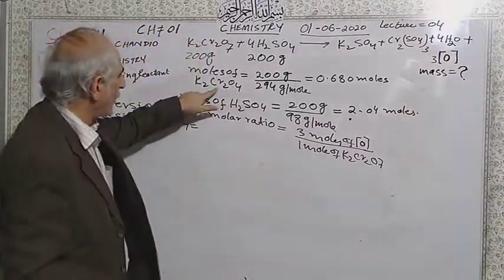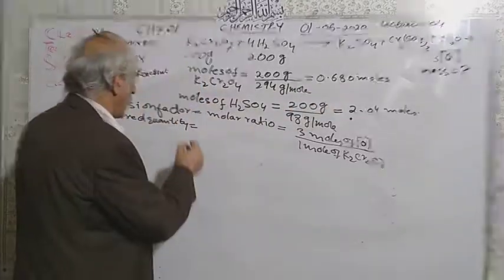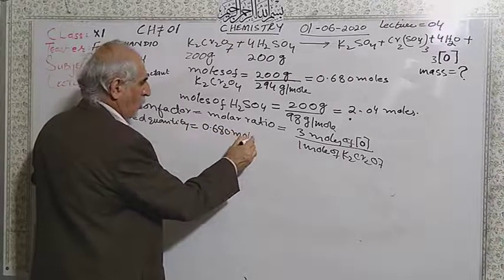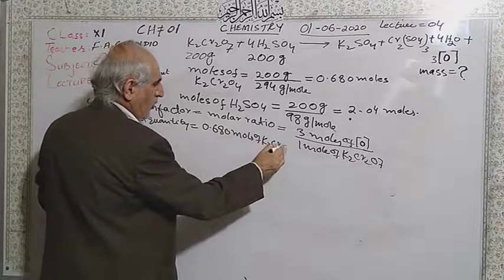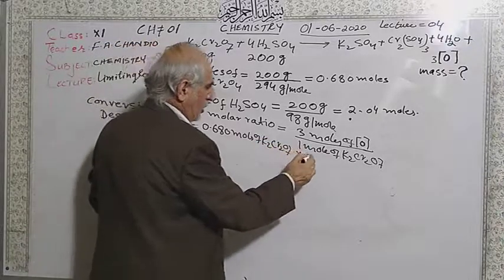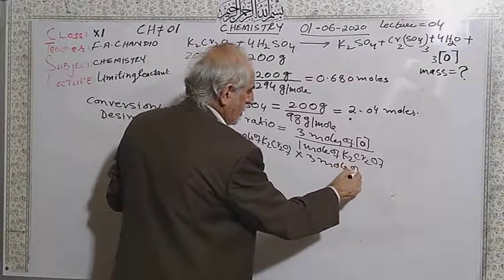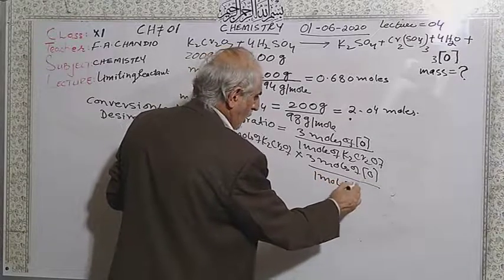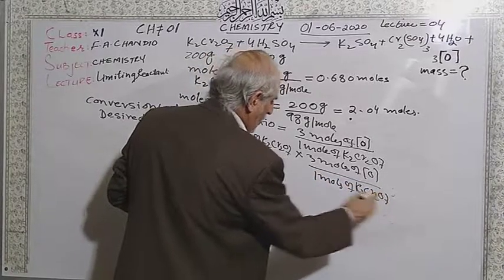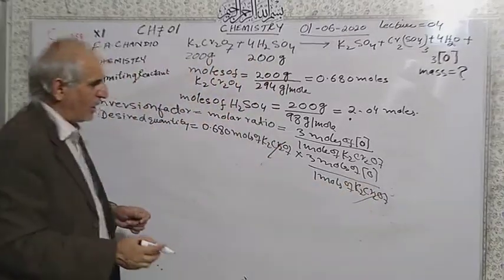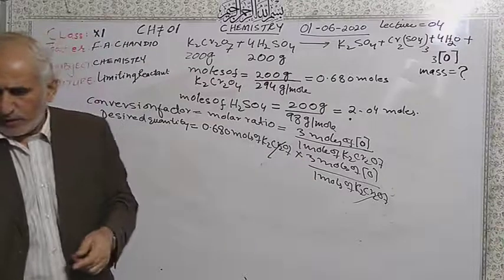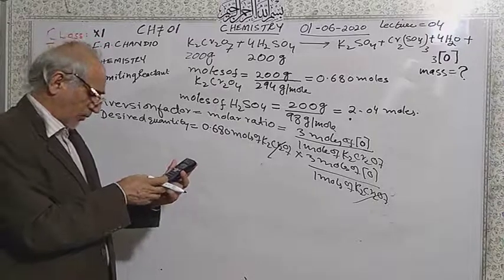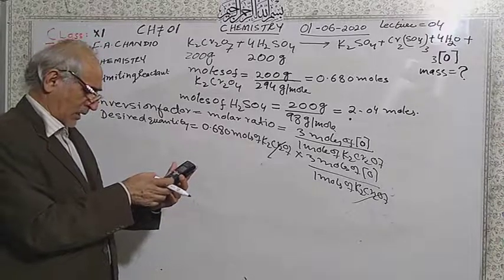So given quantity for potassium dichromate is 0.68 moles. So I write 0.680 moles of potassium dichromate multiplied by 3 moles of nascent oxygen divided by 1 mole of potassium dichromate. So potassium dichromate cancels. So dear students, 3 over 1. So you have to multiply by 3. 3 multiplied by 0.68.